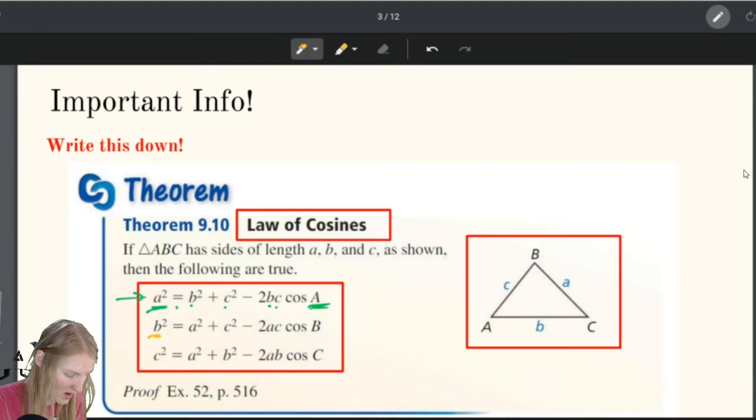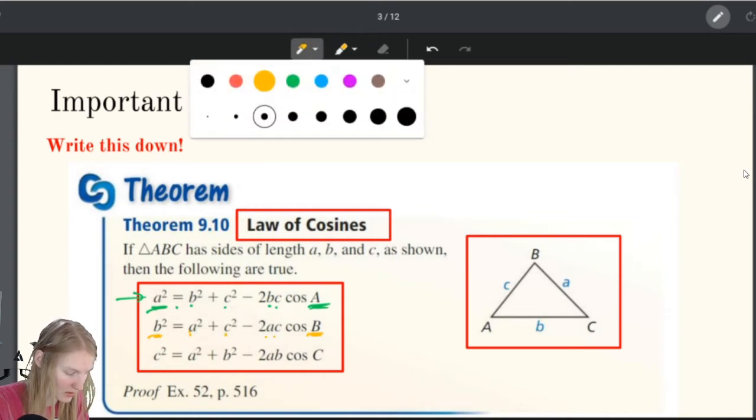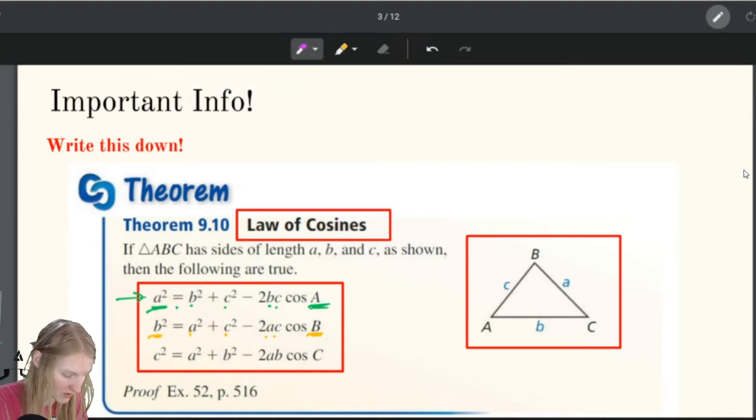I have b squared, cosine of B, and then I take the two other sides, a squared plus c squared, and then minus 2ac. One more time: c squared and the cosine of C, and then I take the two other sides, a and b squared, and then minus 2ab. So that's the pattern.